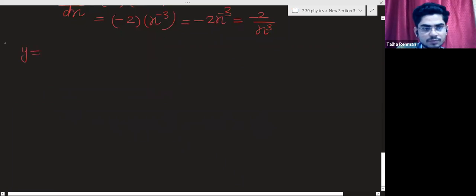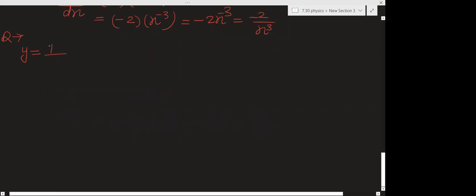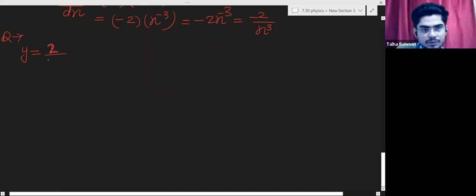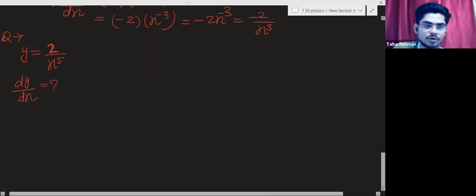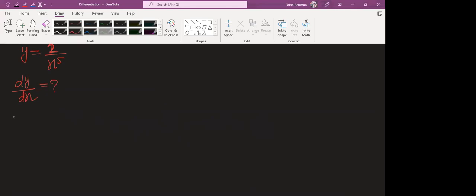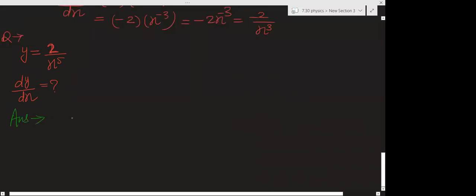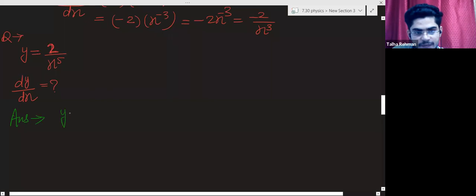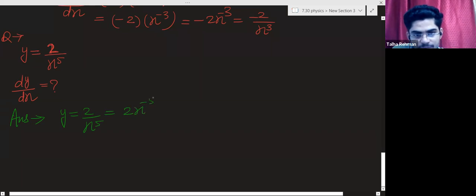Okay, so now let's see. y equal to 2 upon x to the power 5, and I want to find dy by dx. Let's see how I will do this. I will take this y as 2 upon x to the power 5, and I can write this as 2x to the power minus 5.